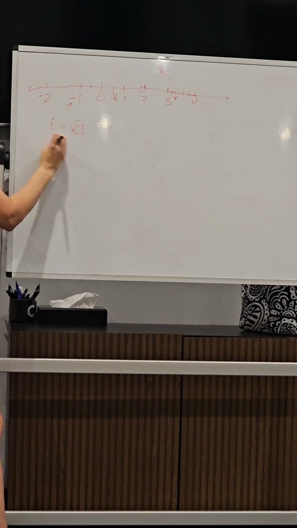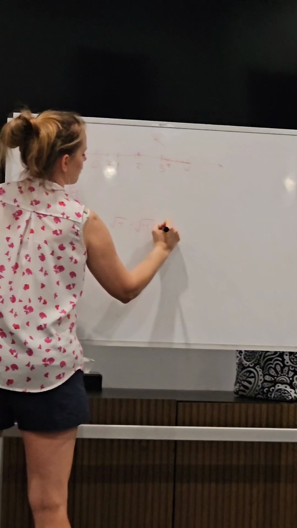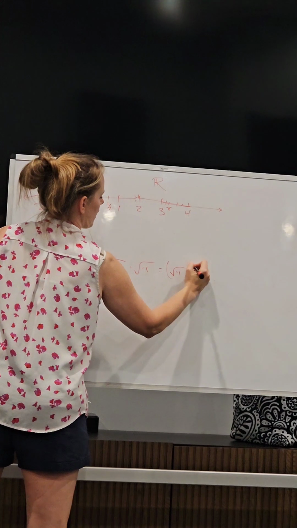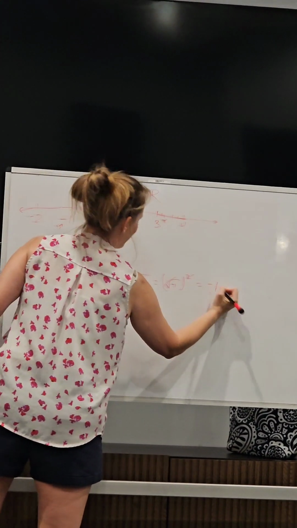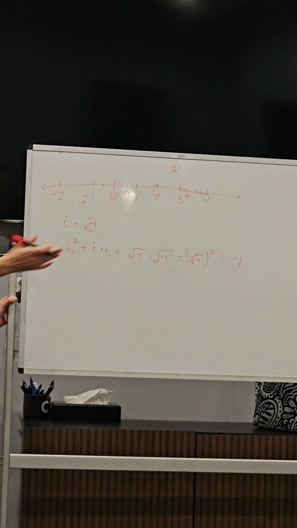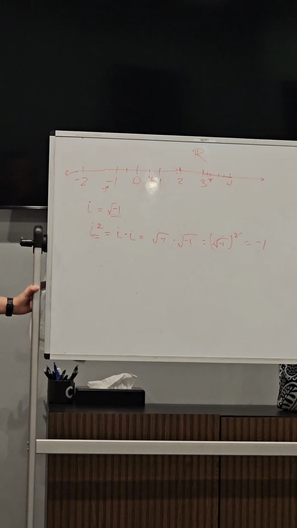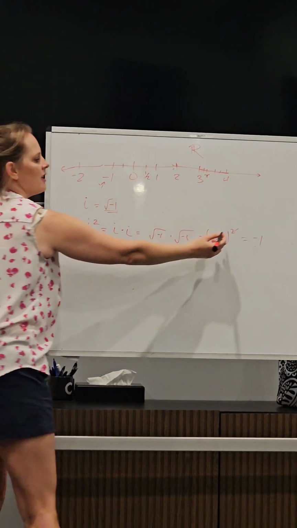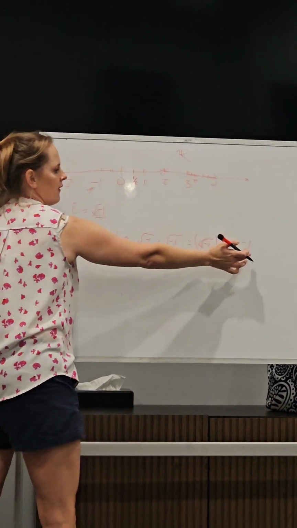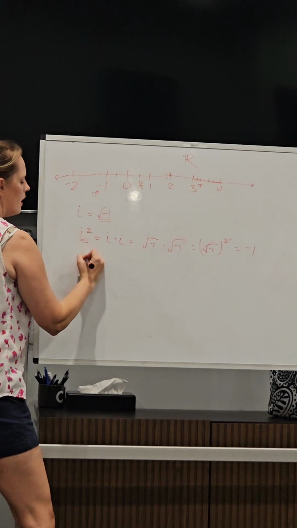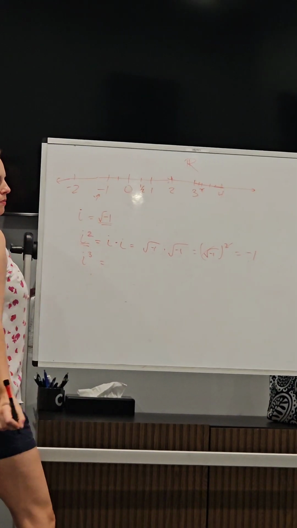Let's explore. I squared is the square root of negative 1 squared, and the square root and the square cancel. This is negative 1. I looked at that, and I'm like, that is wrong. It is negative 1, because the square root undoes the square. It's saying what times itself is giving me that. That's negative 1. All right, why don't I have an I cubed?